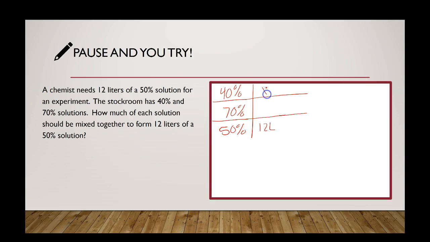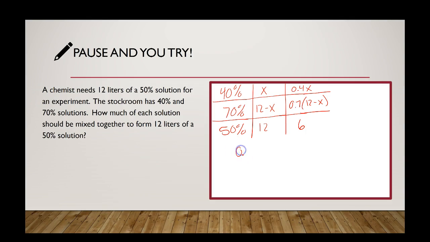And again, we don't know these, so it would look like that. So I'm going to change these to decimals. So 40% times x. Then we have that one. And then 50% times 12 would give you 6. So that's what the table should look like.